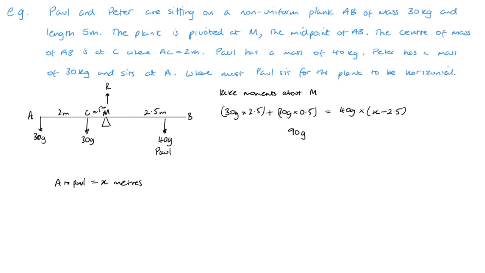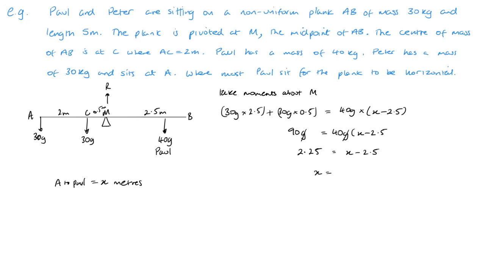So we've got 90g on the left, 40g times x minus 2.5. We cancel the g's, and then 90 divided by 40 is 9 over 4, or 2.25, equals x minus 2.5.